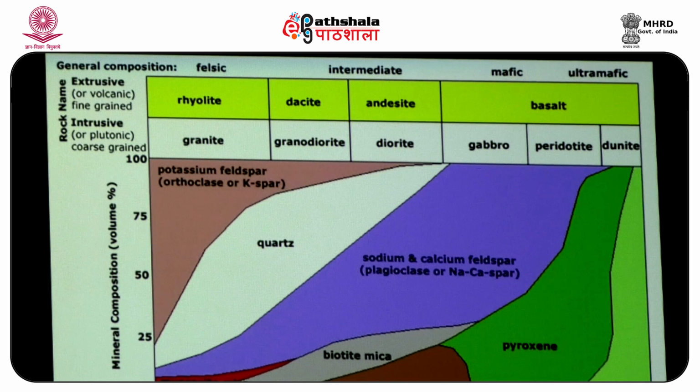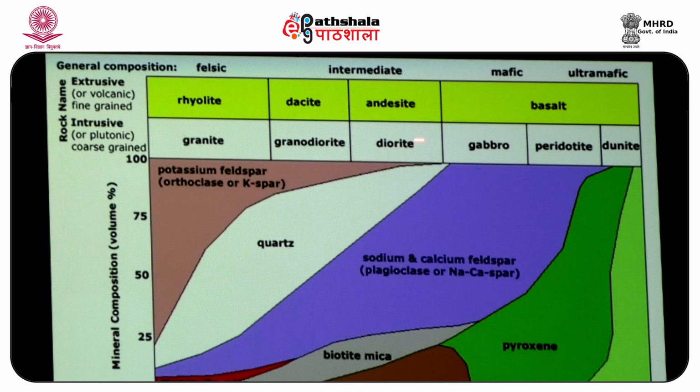So, what we can show you here is that these are plutonic rocks. Plutonic rocks mean the rocks which have formed at some depth. If they form at some depth, they will have bigger crystals, and you can identify the crystals. But these are the extrusive rocks, which are lava flows. They come onto the surface of the earth and crystallize very quickly, they cool down very quickly.